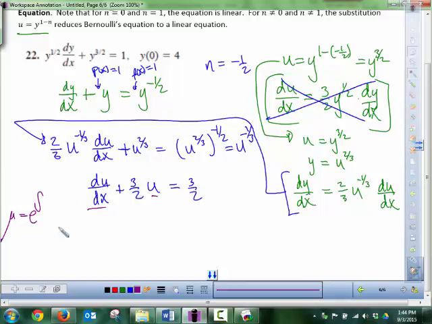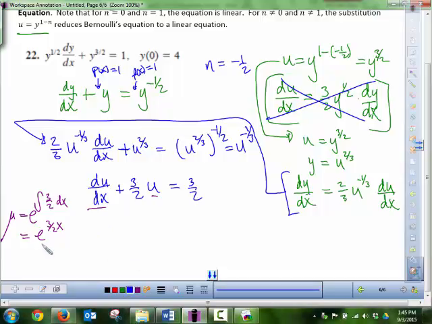It's just a constant, 3/2 dx. So this is just going to equal e to the 3/2 x. Is that right? Yeah? Okay. Can I get 2 nods? Just one guy nodding. Anybody? Is this right? Yeah, okay.